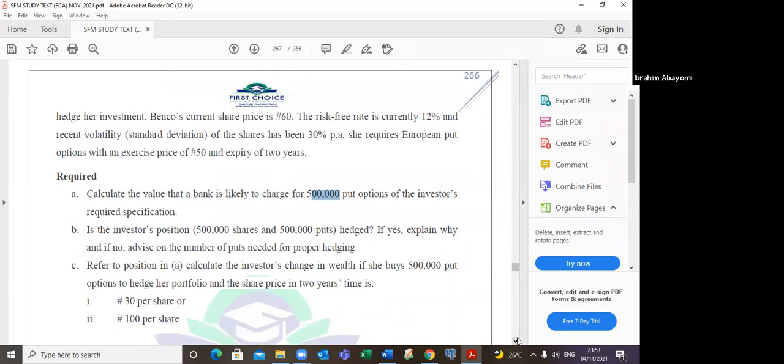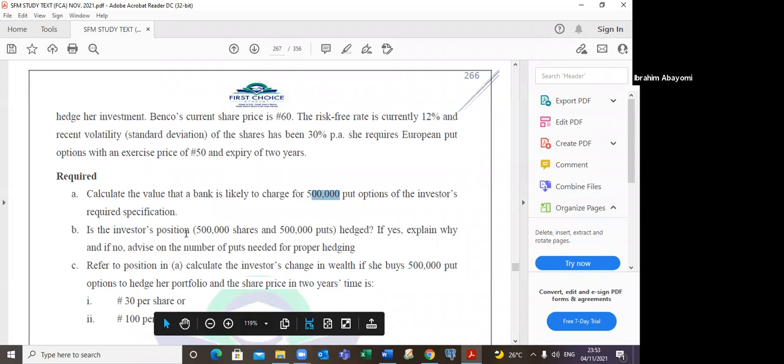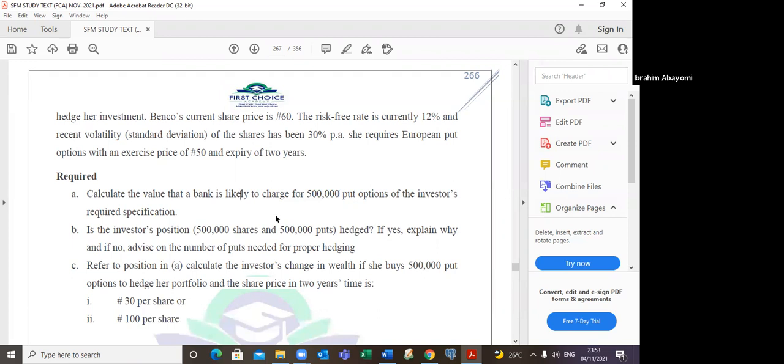The question says, is the investor's position, which is clearly here from A, you see that the investor is using 500,000 put option to hedge how many shares? 500,000 shares. Abi, look at the number of shares.